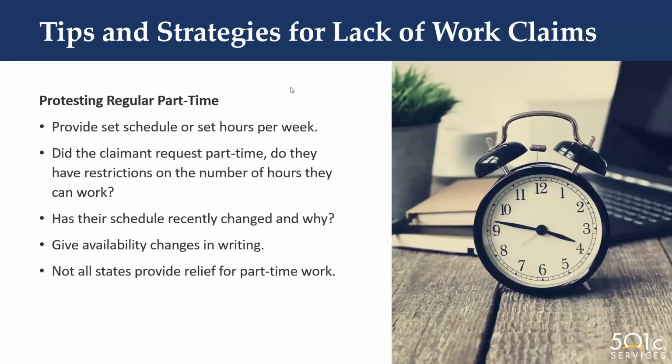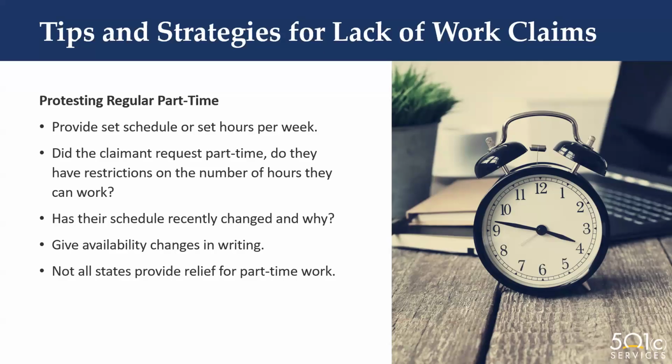So let's talk about protesting these two things. When it comes to protesting regular part-time, you have to provide a set schedule, set hours every week in general, right? The state's not going to want to see big fluctuations in their hours or pay. So did the claimant request to be part-time? Do they put restrictions on the numbers of hours that they can work? Has their schedule recently changed and why?